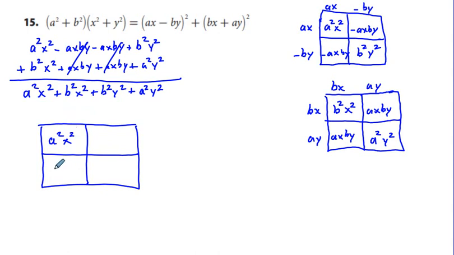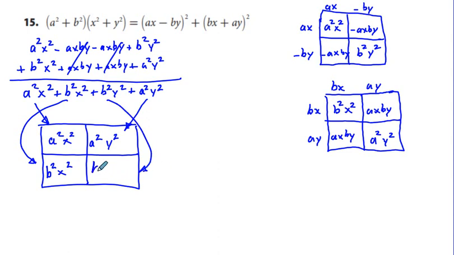I'm going to put the b squared x squared down here, right over here. And then I'm going to place our a squared y squared here. And then in the lower right, I'm going to place the b squared y squared.